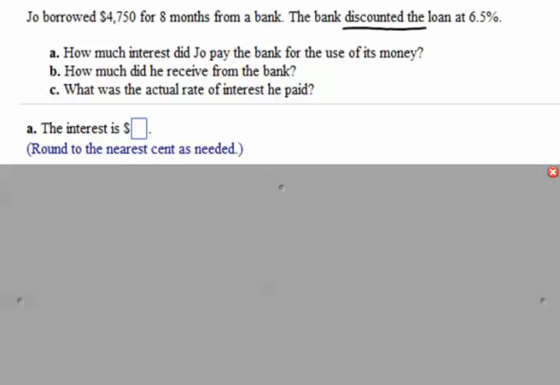The simple interest formula is I is equal to P times R times T, where P is the principal, R is the interest rate expressed as a decimal, and T is time.